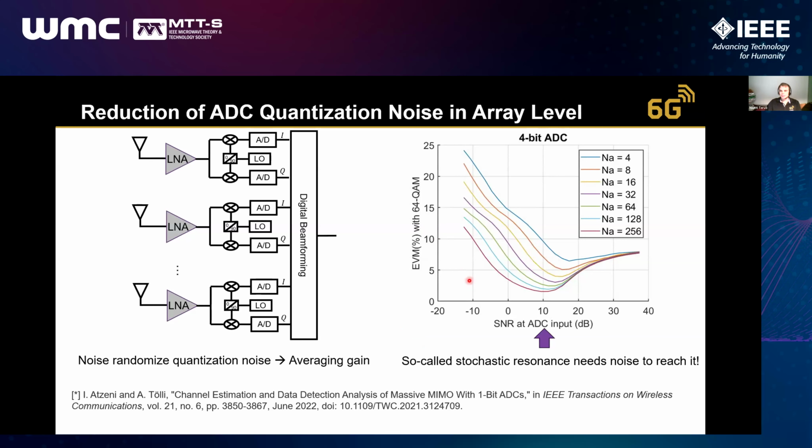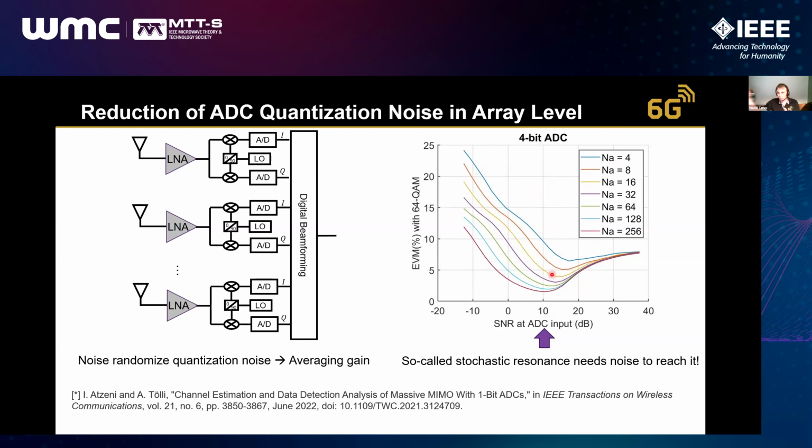I made a simple simulation here in MATLAB. With a certain number of antennas, and a simple four-element ADC model, you see there's a certain SNR level at the ADC input where you get the best gain from quantization noise averaging. If you have too much noise, you are noise limited.